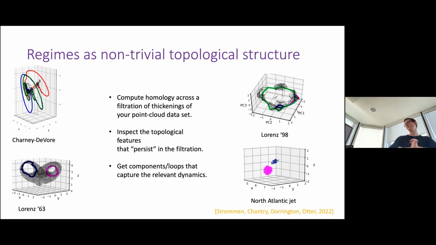Here you see representatives of the longest-lived persistent homology features, so of components and loops. We are actually able to recover what would be the regimes for these particular systems, what is known in the literature.